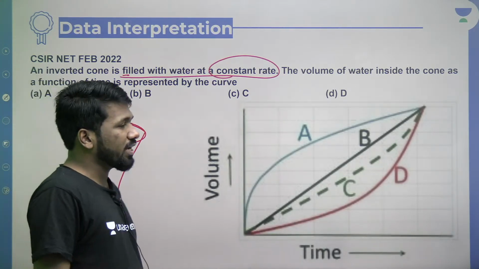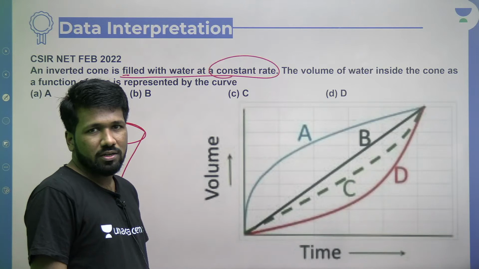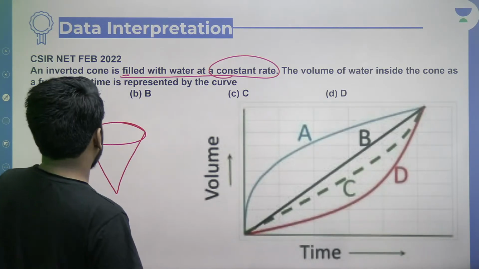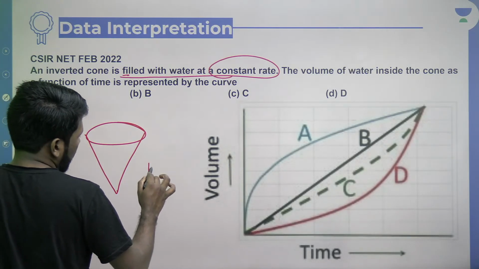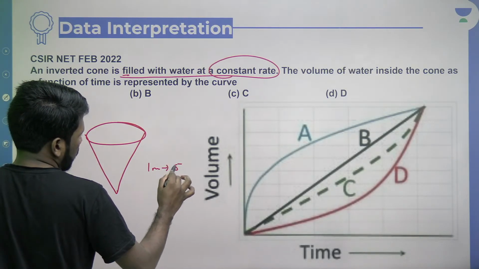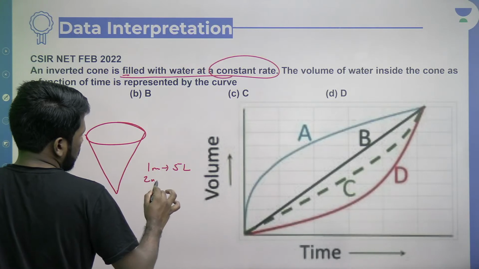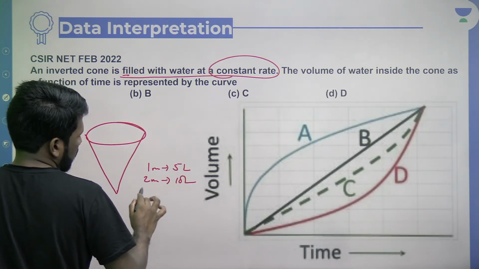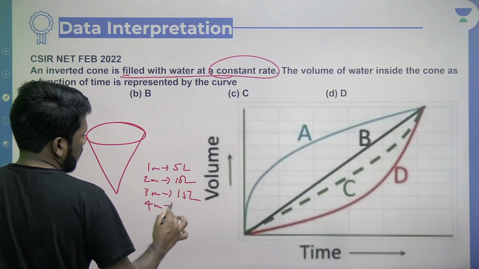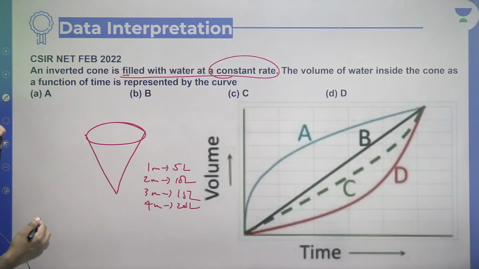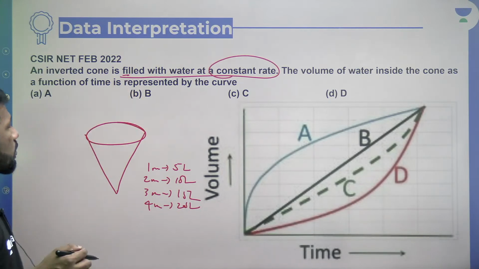As I told, that is an idea of directly proportional rate. That means if it is 1 minute 5 liter, 2 minutes it should be 10 liter water, 3 minutes 15 liter, 4 minutes 20 liter. This is an example of a constant rate filling of water.